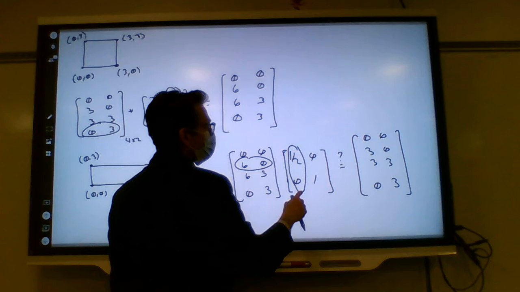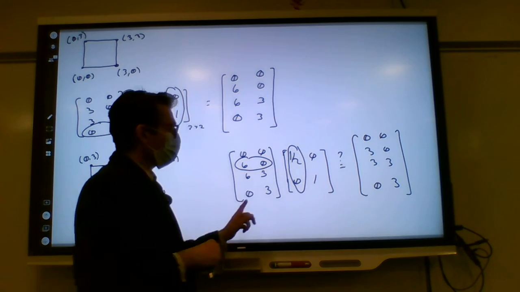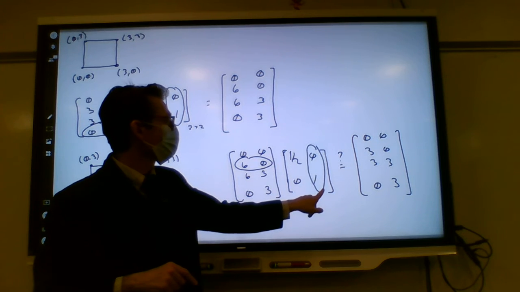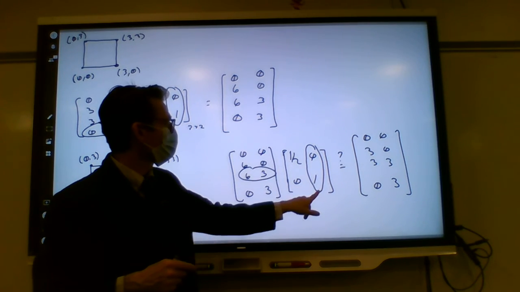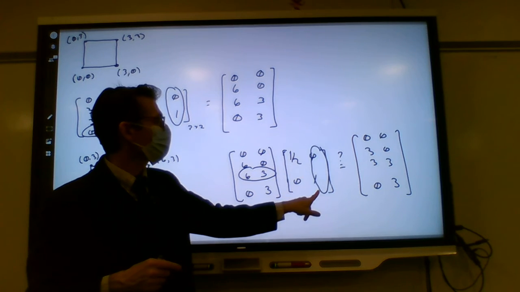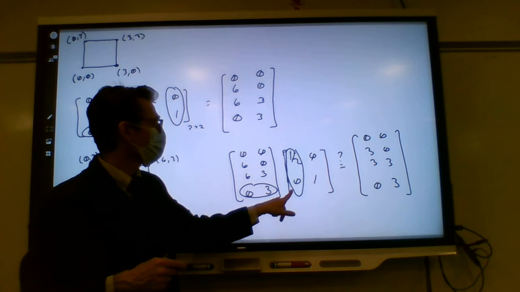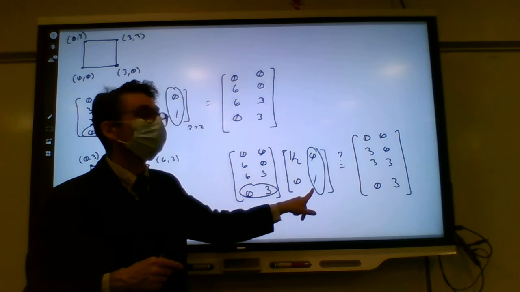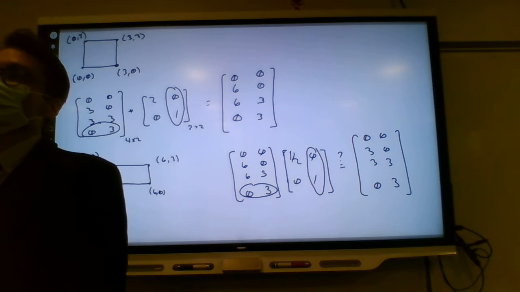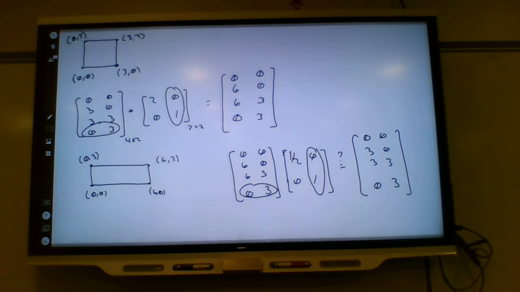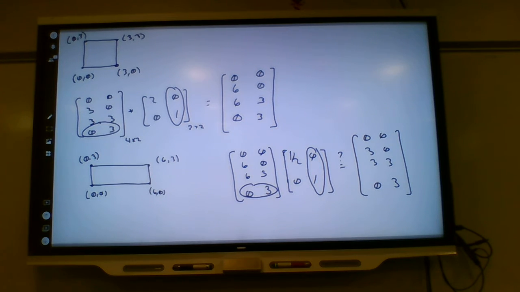What happens here? 3, 0, 3, 3, 0, 3. So it does what we expect it to do, right? You doubled, now you have it, and we can undo what happened before.